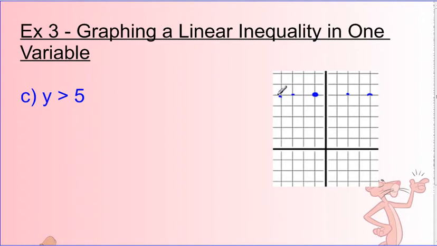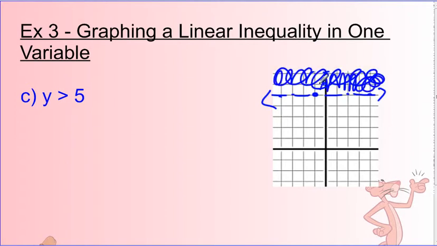So we put a hollow line or a dotted line. And then we need to shade which way, above it or below it. Well, since it is a greater than, we're going to shade greater than 5. 6 is bigger than 5, and 7, and all this stuff up here is bigger than 5. And that would be the solution.